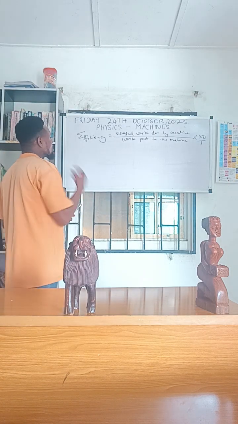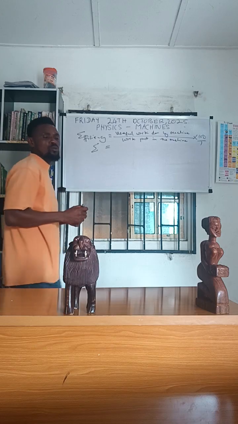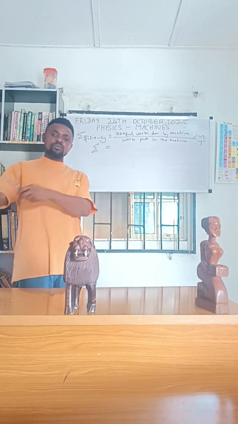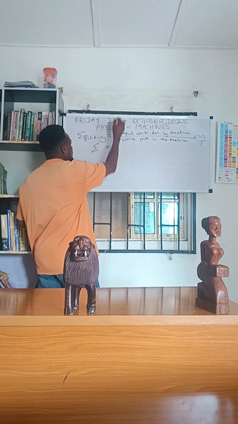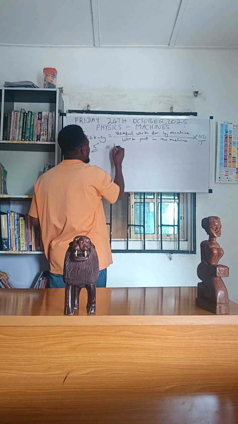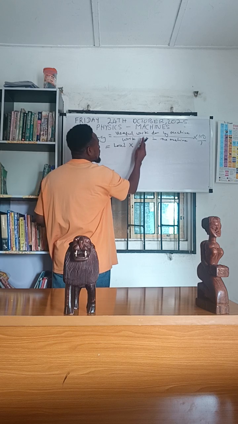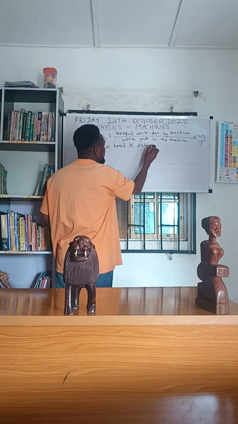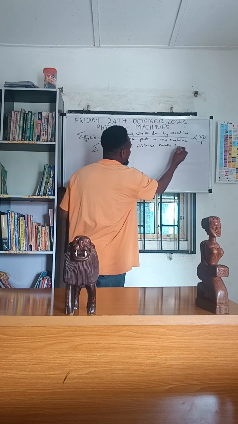This is it. What is the useful work done by the machine? Work is said to be done whenever a force moves through a distance. The work done by the machine is the load or the weight times the distance moved by the load.